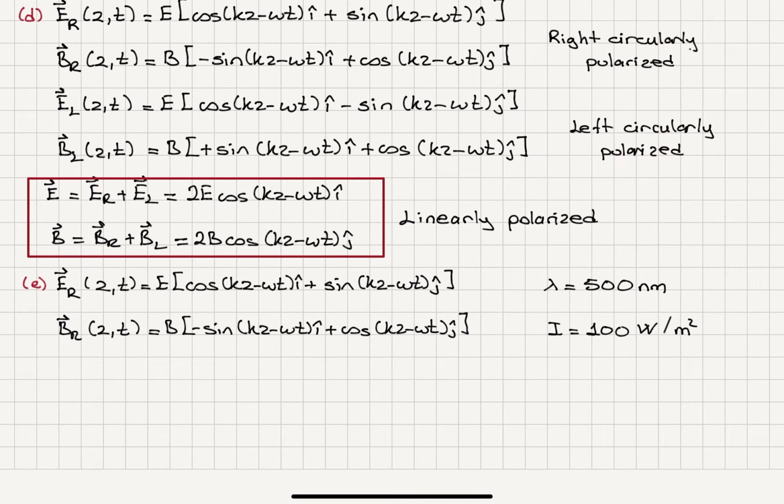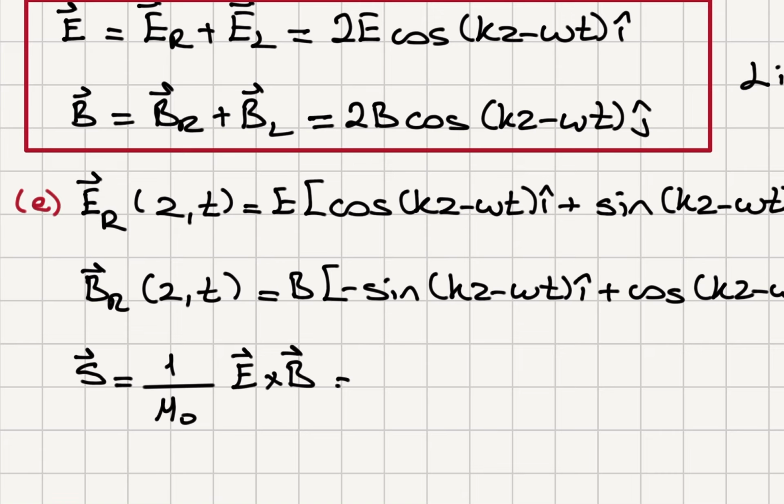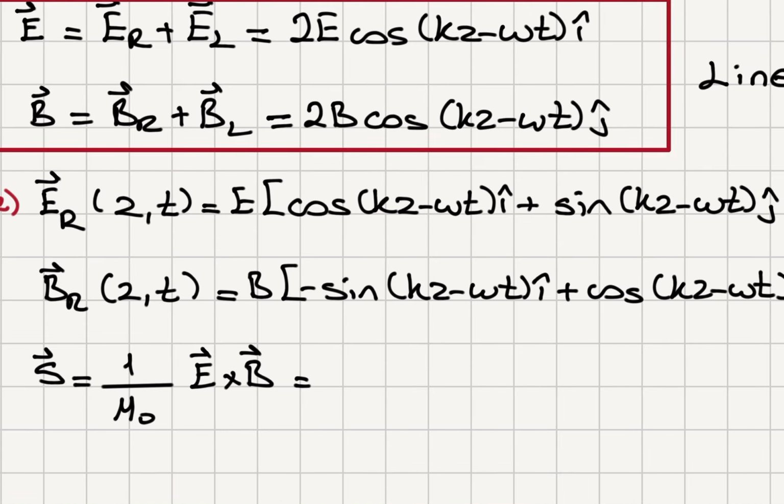Okay, the Poynting vector S is 1 over mu 0, the permeability of free space, times the cross product of the electric field with the magnetic field. If I perform this cross product, I have 1 over mu 0 EB.